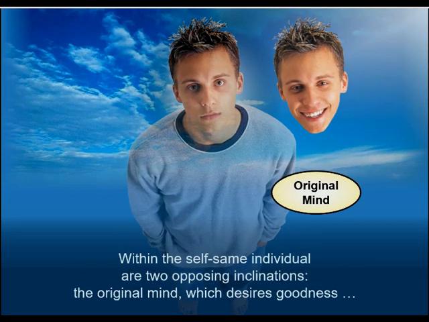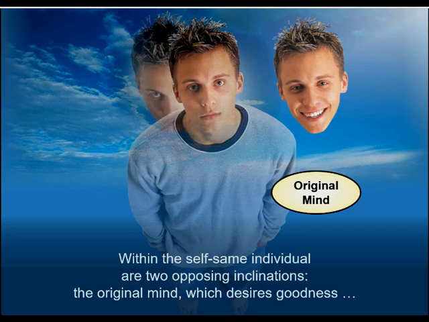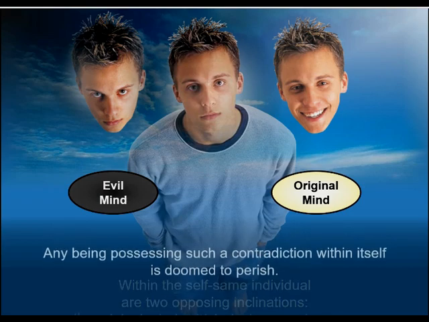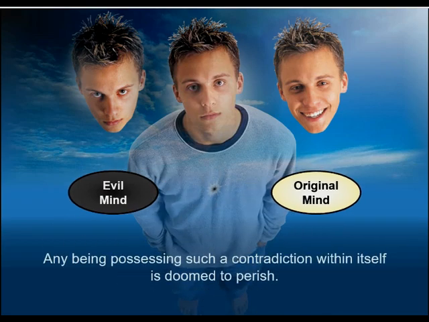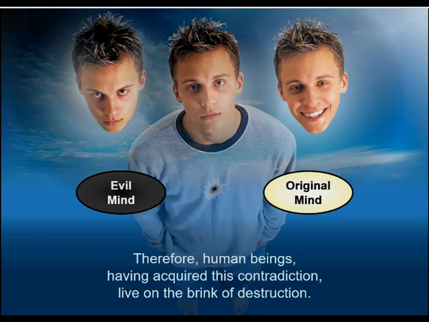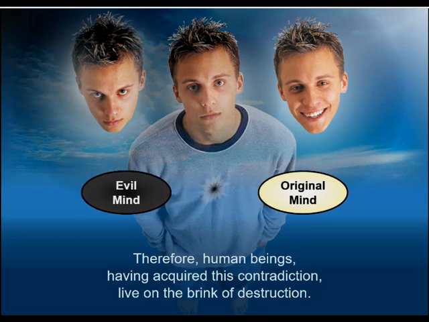Within the self-same individual are two opposing inclinations: the original mind, which desires goodness, and the evil mind, which desires wickedness. Any being possessing such a contradiction within itself is doomed to perish. Therefore, human beings, having acquired this contradiction, live on the brink of destruction.